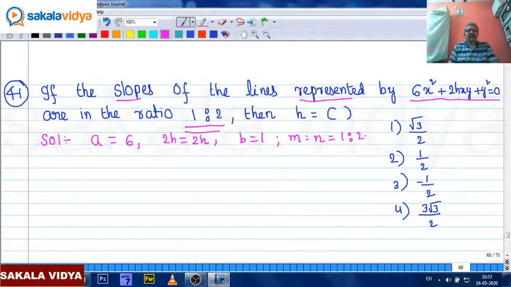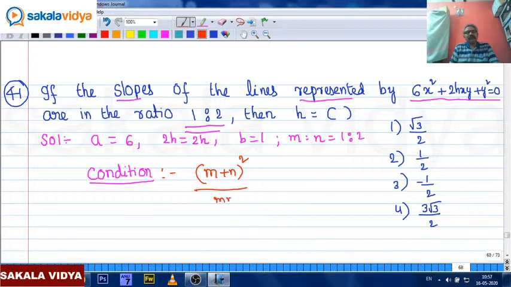Slopes are in the ratio 1:2. What is the condition we have? The condition is (m+n)²/mn = (2h)²/ab. You remember this condition.